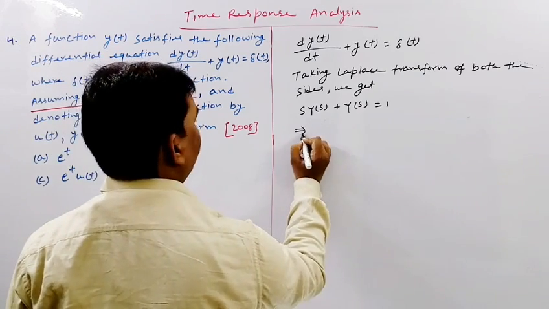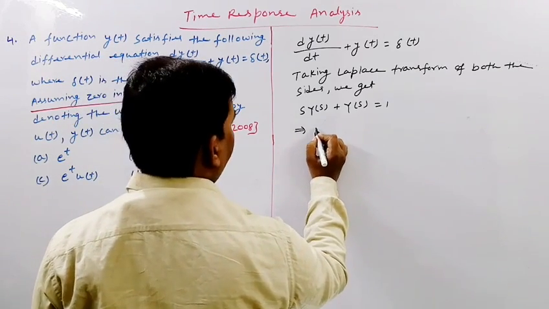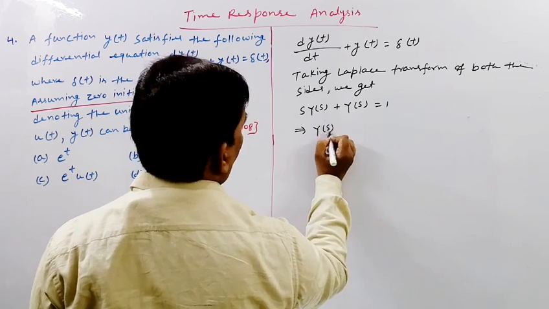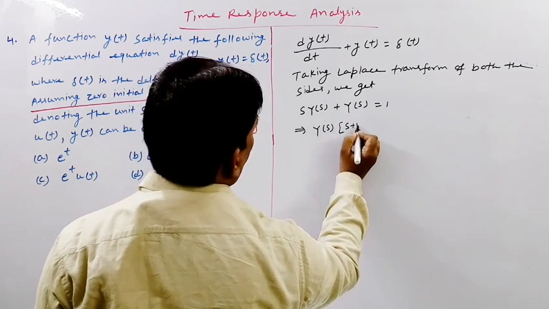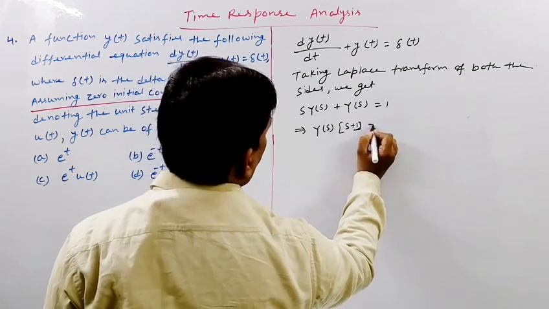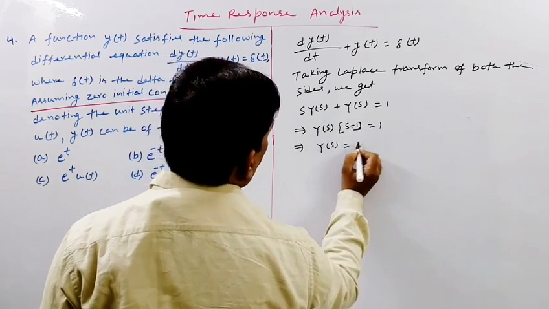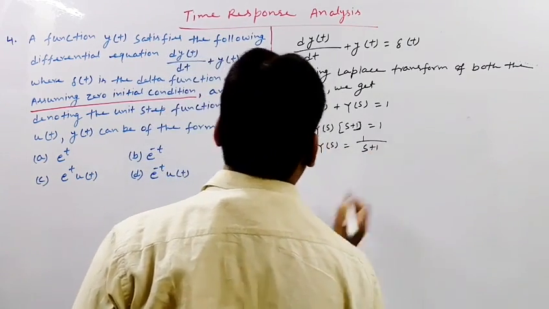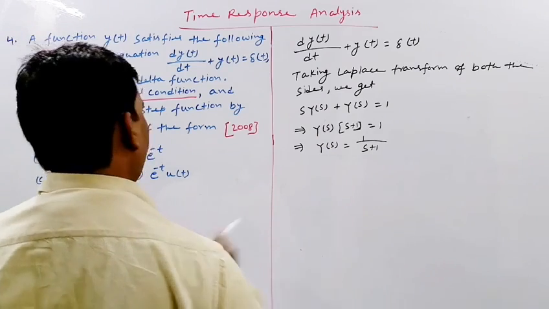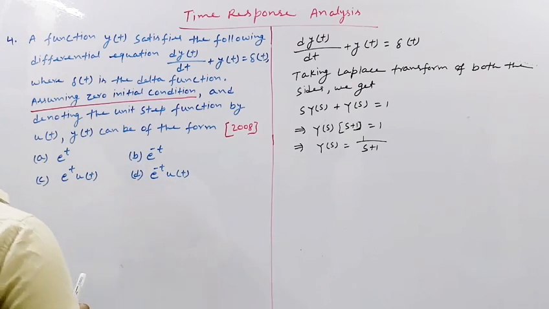Now if we take Y(s) as common, it will be (s plus 1) equal to 1. Now Y(s) will be nothing but 1 by (s plus 1). So now we have got Y(s).